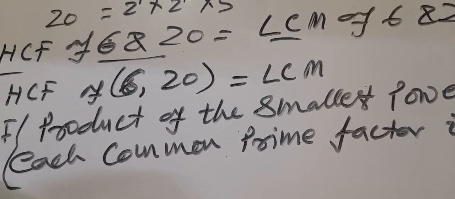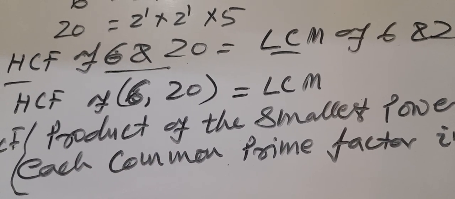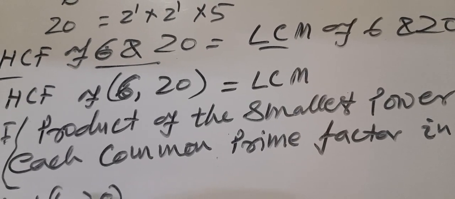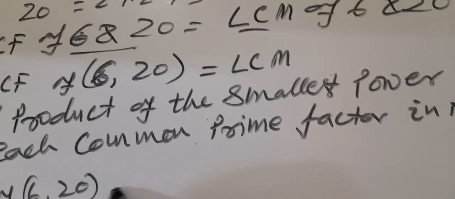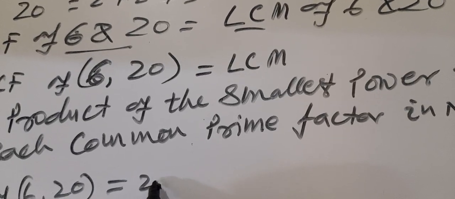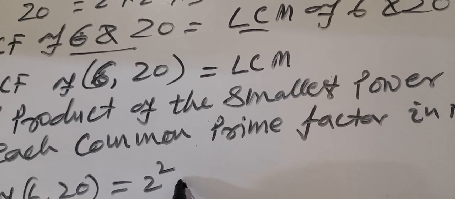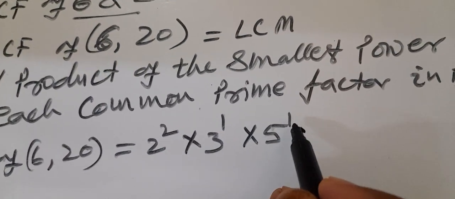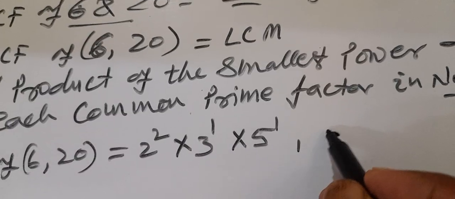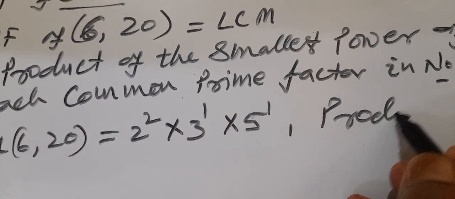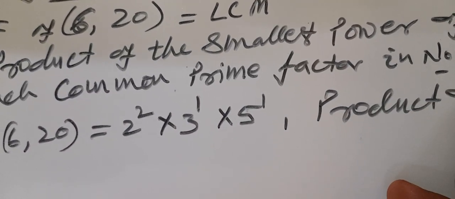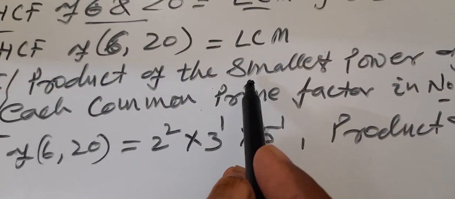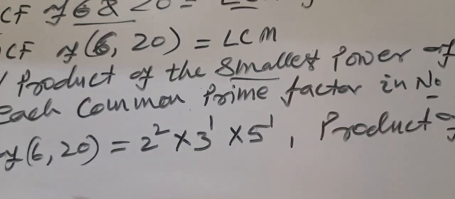And the LCM of 6 and 20 is 2 to the power 2 into 3 to the power 1 into 5 to the power 1. Here for the HCF we take the smallest power of each common prime factor.